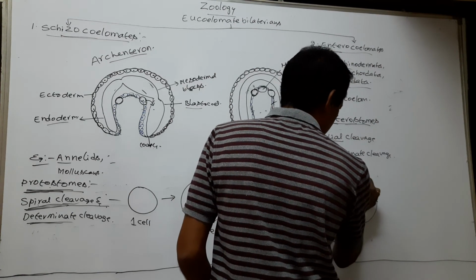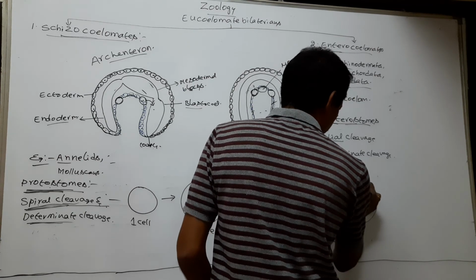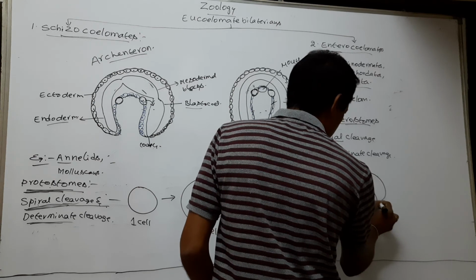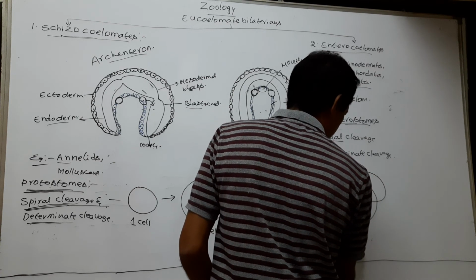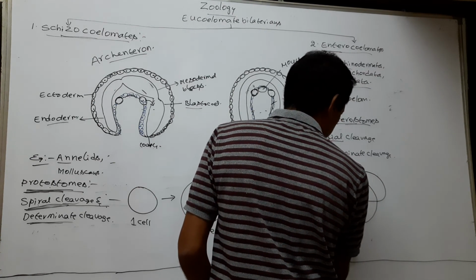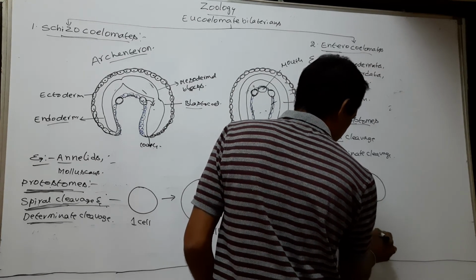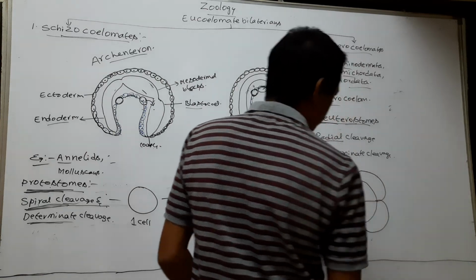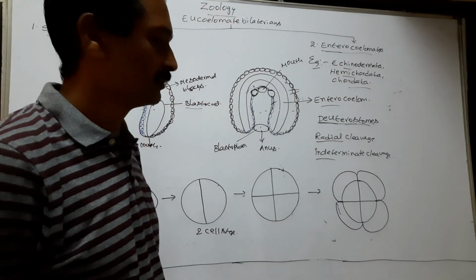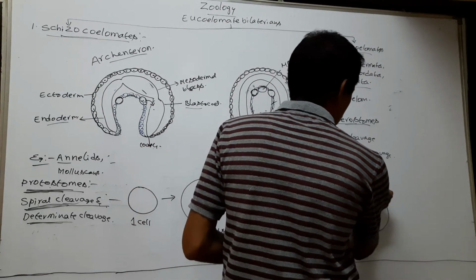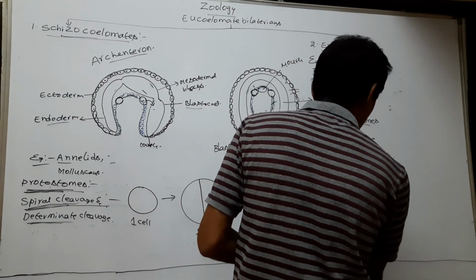Each cell in the upper tier is arranged directly above a cell in the lower tier. These are 1, 2, 3, 4.